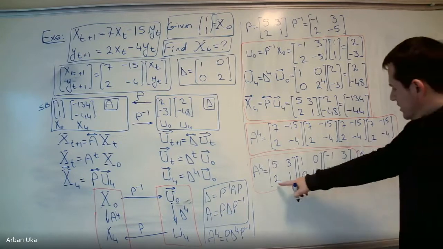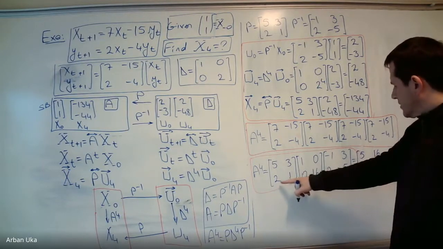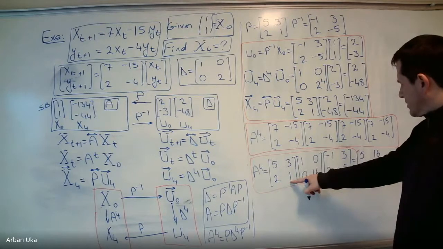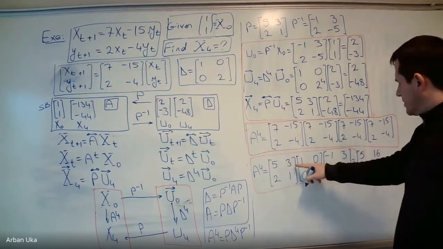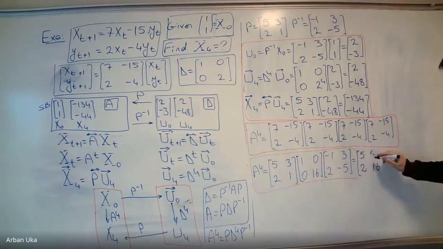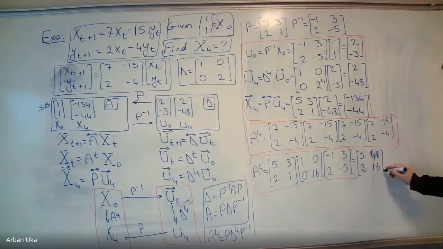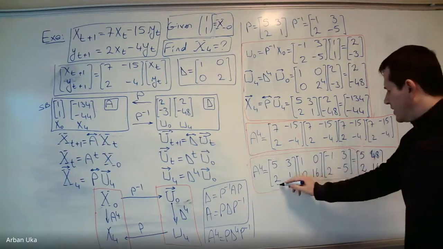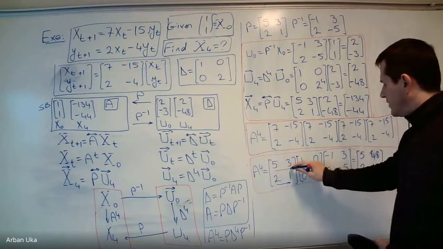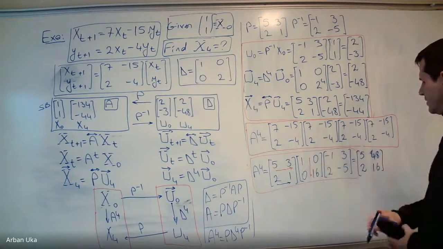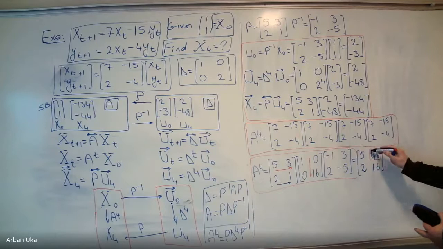Wait a second, I cannot see this one. This is 16, but then this is not 16. This is 48. Sorry, this is 48. Because to get this number, we multiply this 53 with this one, we get this 48 here, okay?